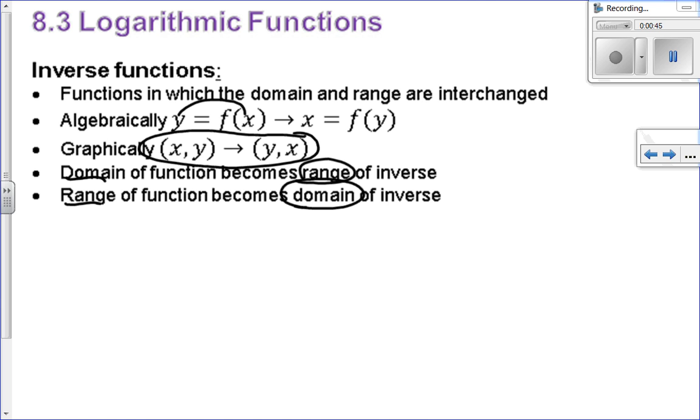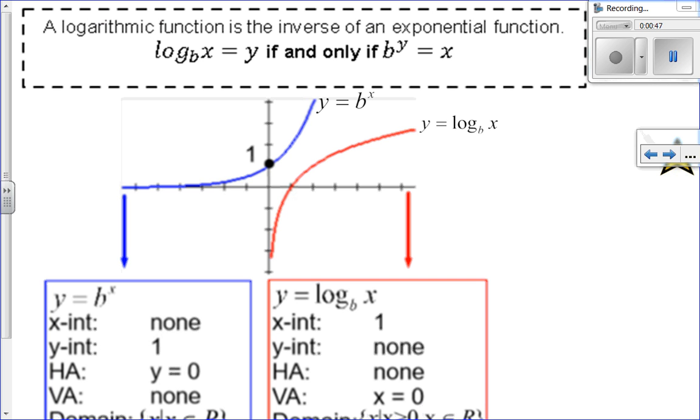Let's look at that graphically. So in this graph here, you can see I have two graphs. I have y equals b to the x, an exponential graph, and I have y equals log base b of x. You'll notice in both of these graphs, we have the same base. The base in the blue graph is the same as the base in the red graph.